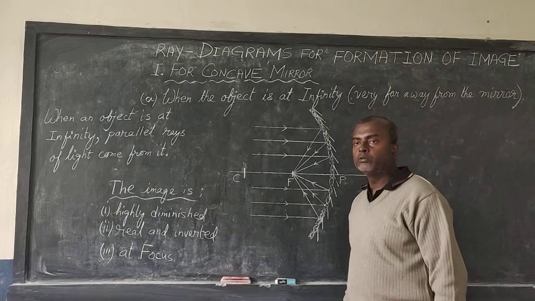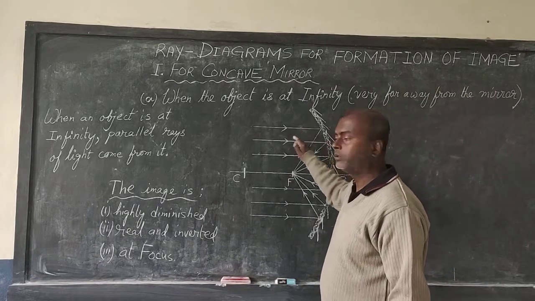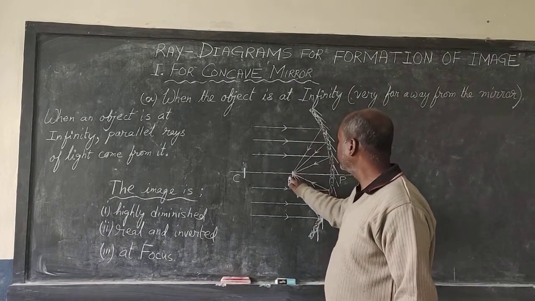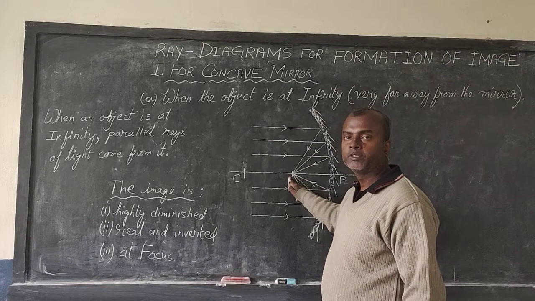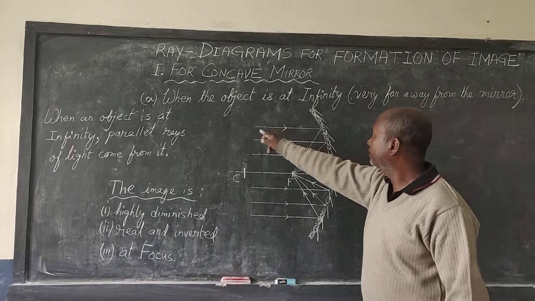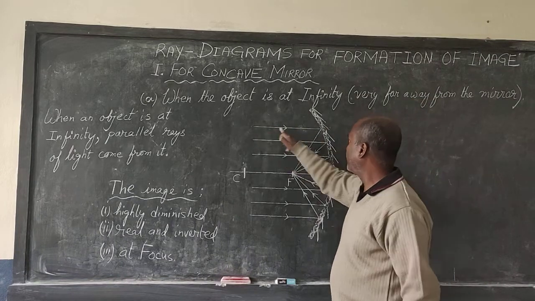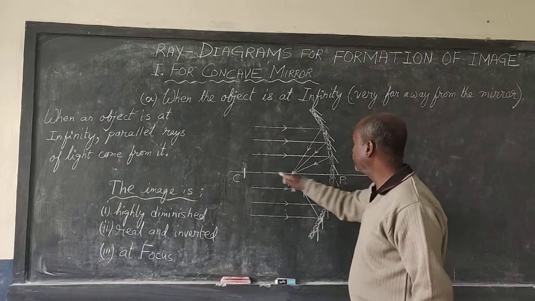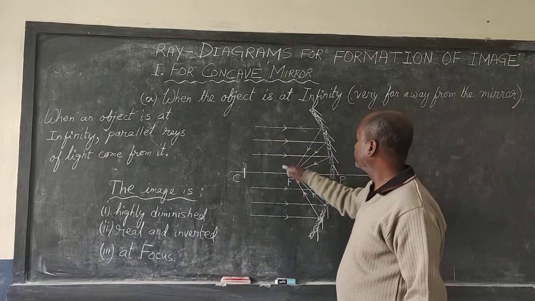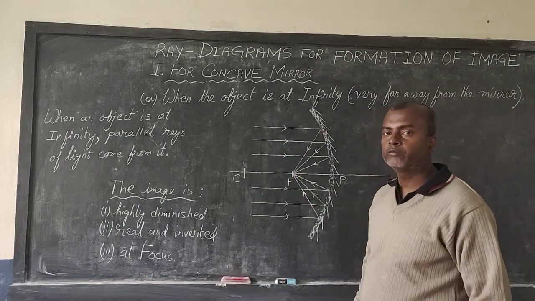So, according to the rule, any ray parallel to the principal axis will reflect and meet at the focus.